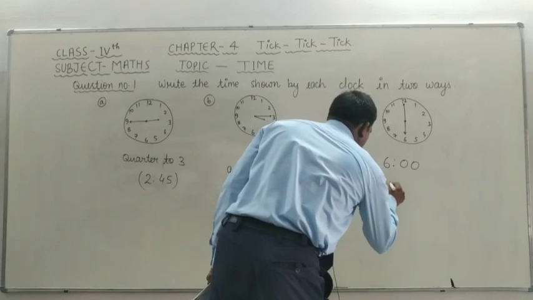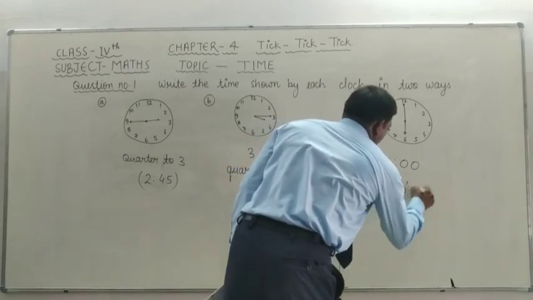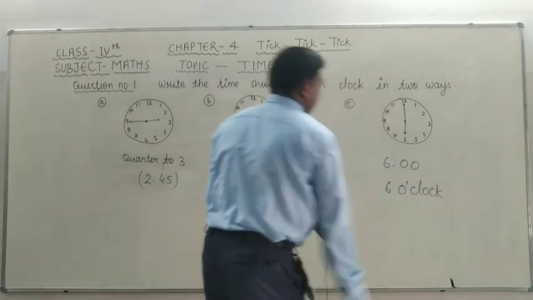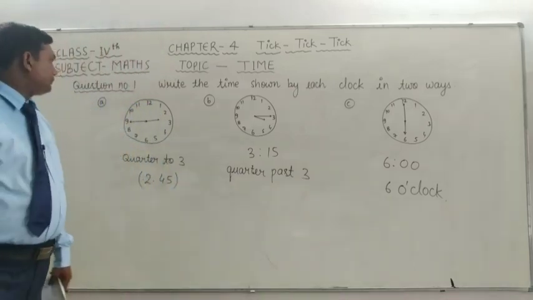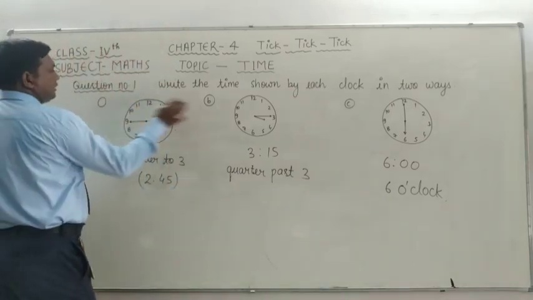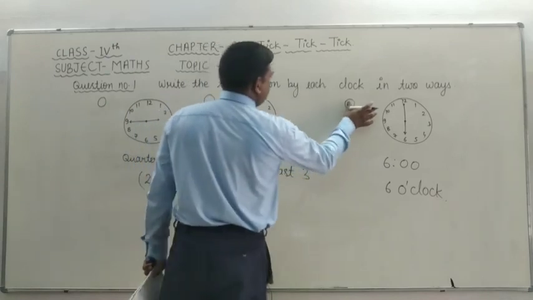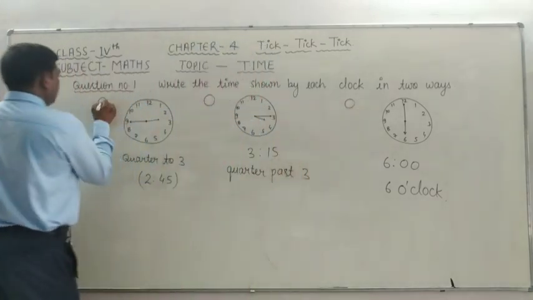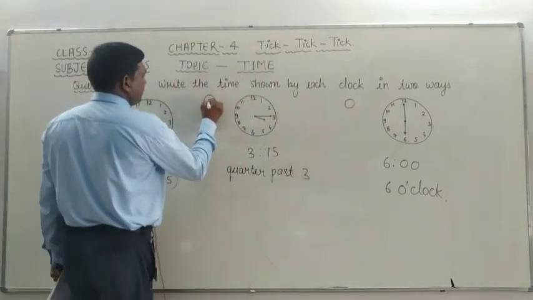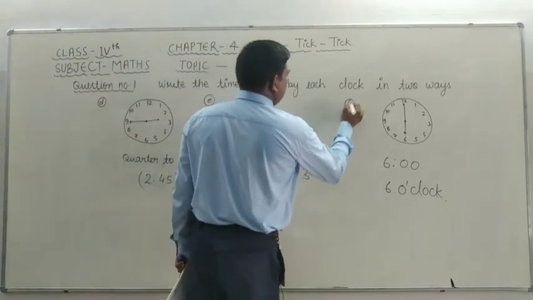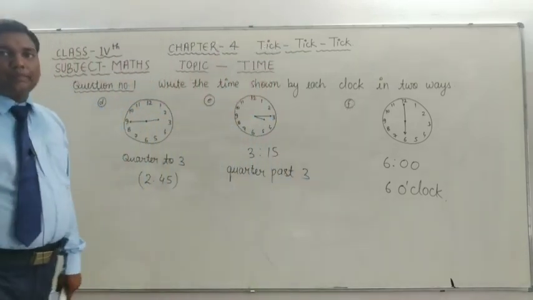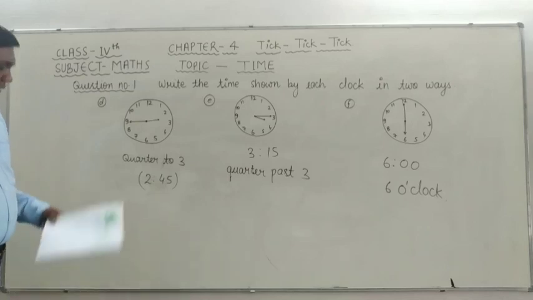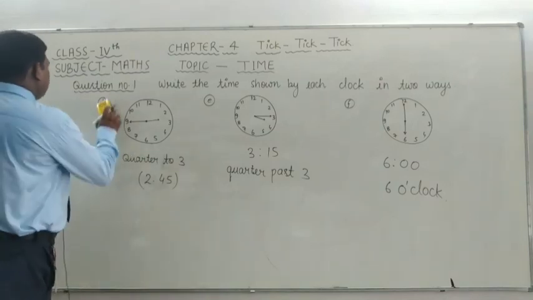Therefore, here we can write 6 o'clock. Understand? Okay. This is question number D, this is question number E and this is F. Okay, understand? Question number G and H.